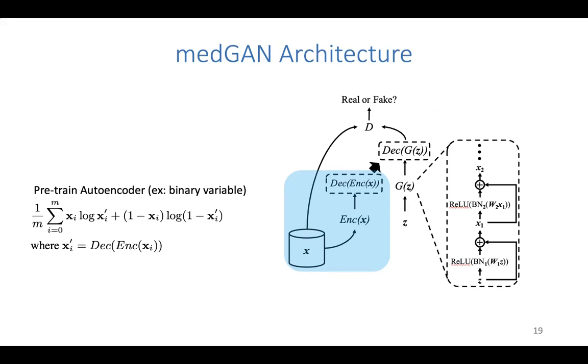The difference is that with MedGAN, what we want to generate is not an image, it's a synthetic record. It's tabular data where each row corresponds to a single sample, for example a patient, and each column corresponds to a specific feature.